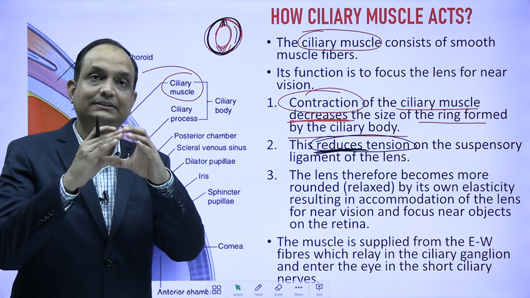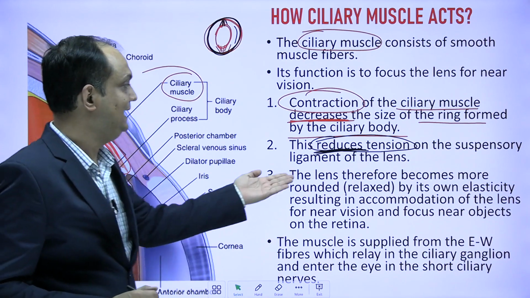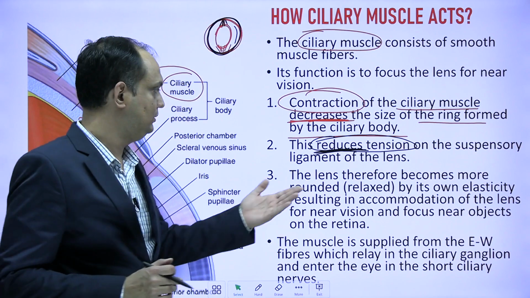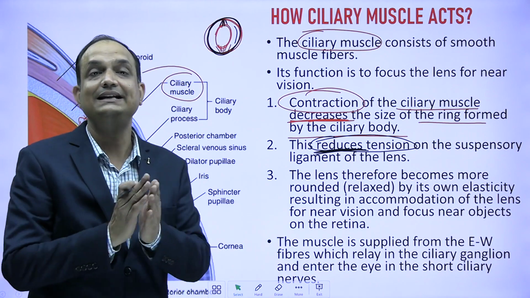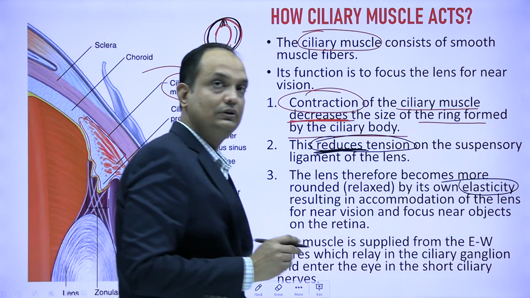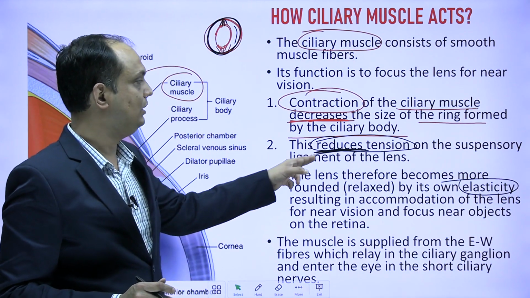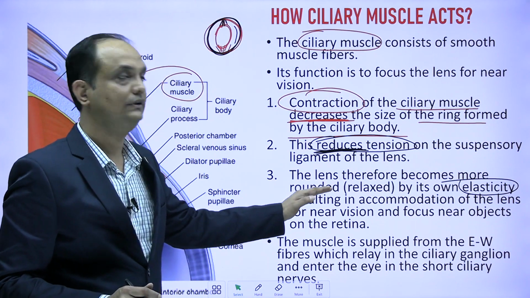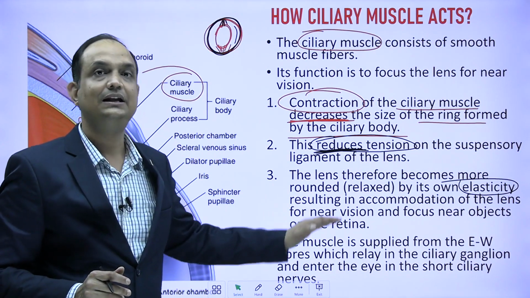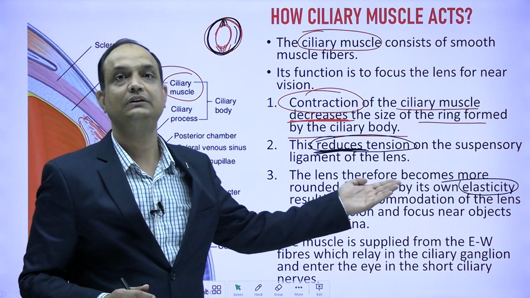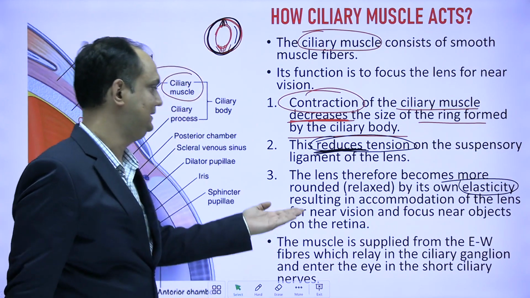As the ligaments relax, the lens becomes more round. Why? Because the lens has its own elasticity. Clear? So, the tension is decreased on the suspensory ligament, further the tension on the lens is decreased, and the lens becomes more round because the lens has elasticity.